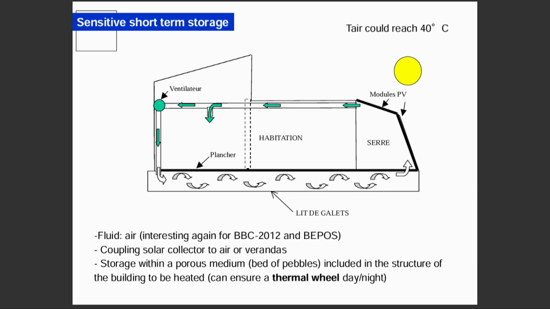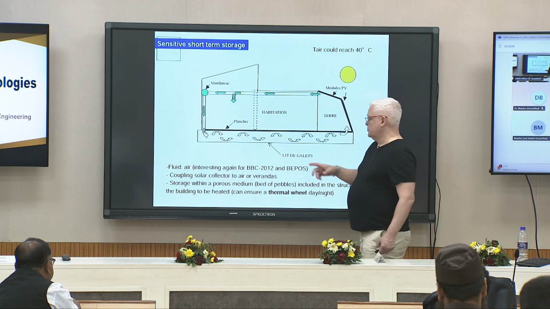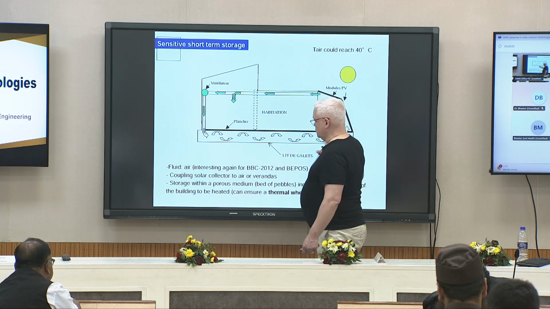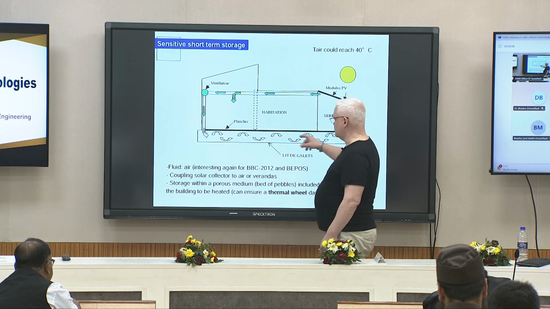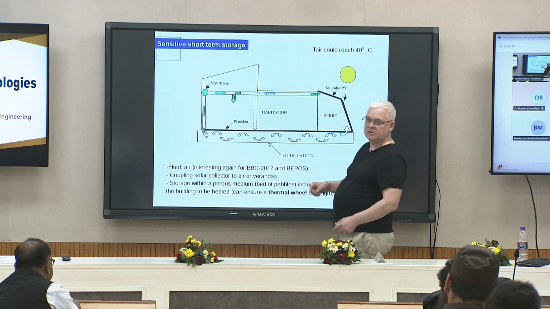So this system was finally not so developed, but it is to use a kind of greenhouse to generate hot air and to inject it underground on stones. And during the night, the ventilation goes underground to take the heat that has been stored on the stones to heat the house.